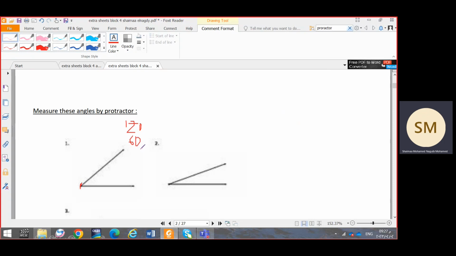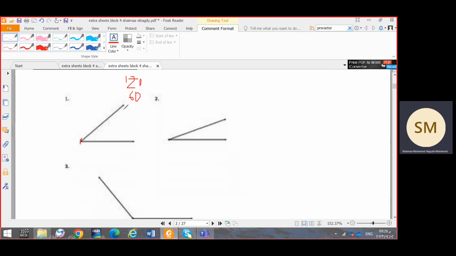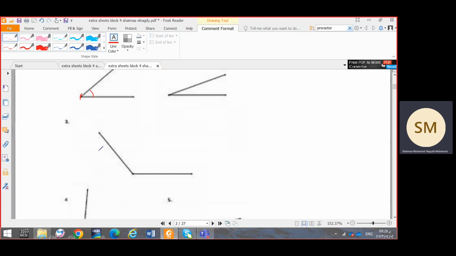You wouldn't take 120 because you will mention the type of the angle first. The type of this angle is acute angle. The acute angle is less than 90 degrees, so it wouldn't be logical to choose 120. No, I will choose the small reading. It's 60.